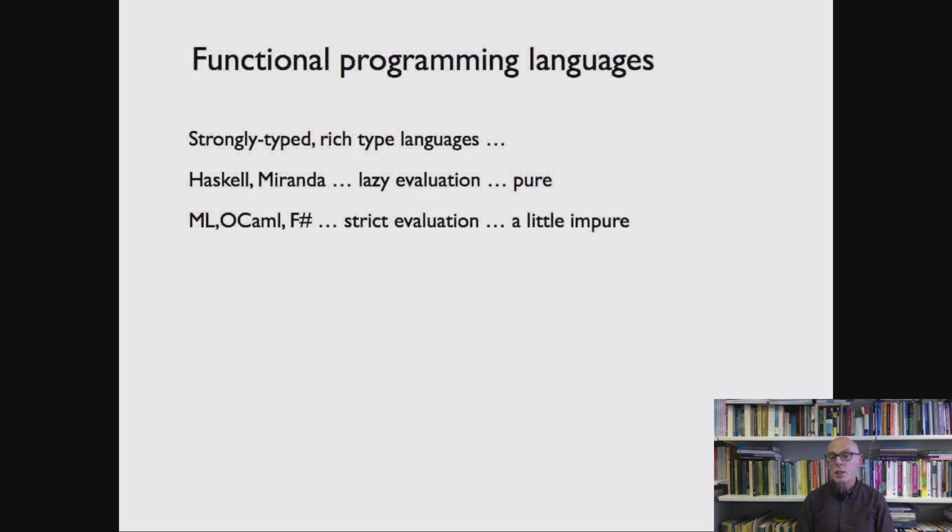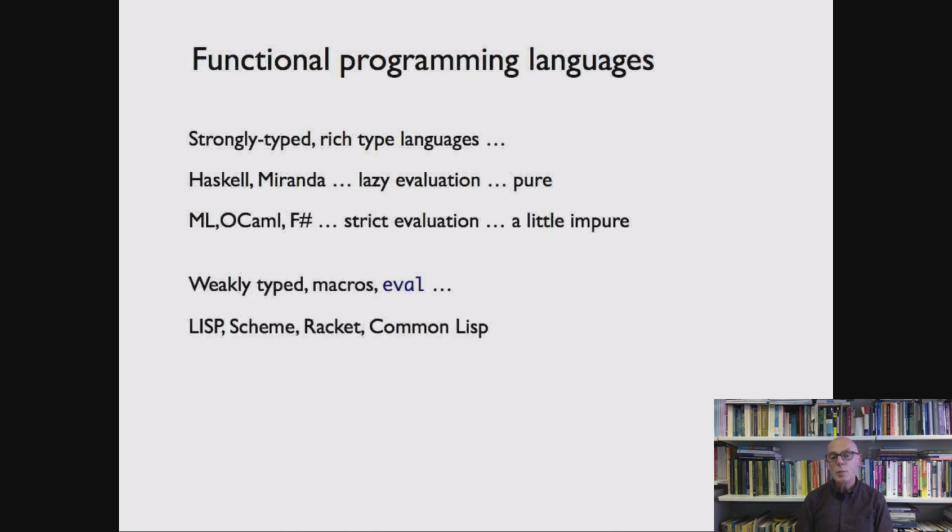So a different class of languages from Erlang, strongly typed rather than weakly typed, and within that class, Haskell and Miranda have lazy evaluation, the others, ML, OCaml and so on, the ML family, are strict. But these languages are strongly typed, as I said. All type errors happen at compile time, if they happen at all.